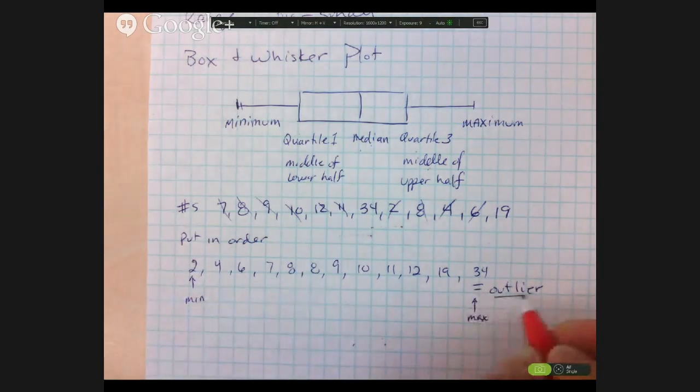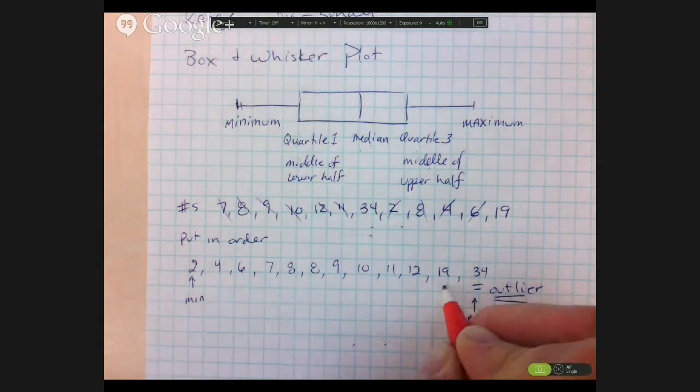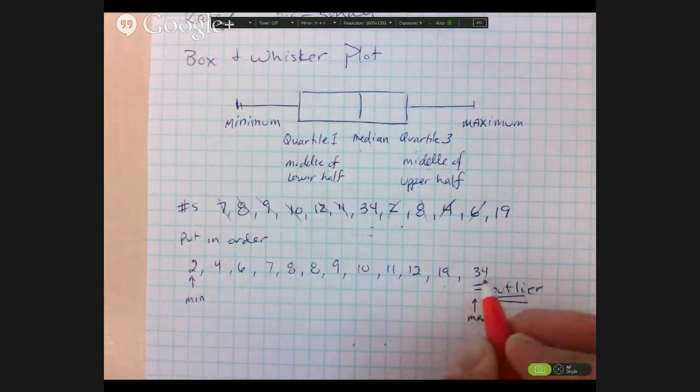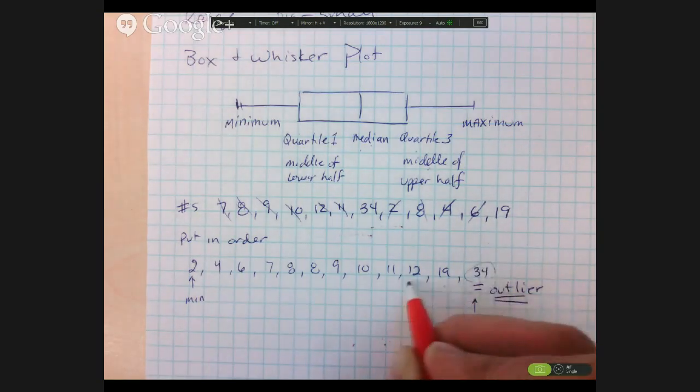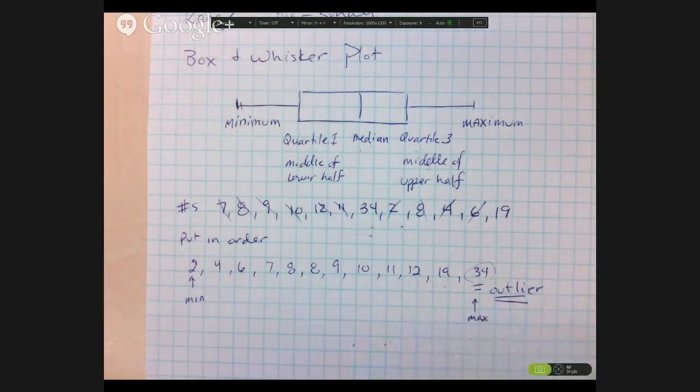If that is an outlier, then this becomes our maximum. If this is an outlier, we don't plot it in the box and whisker. It's a piece of data that's really far above the other set of data. I'll define exactly what it is.